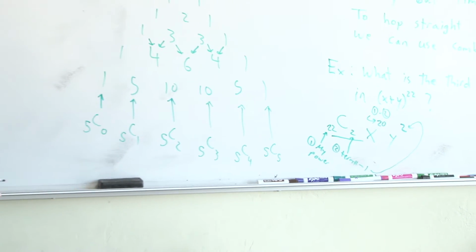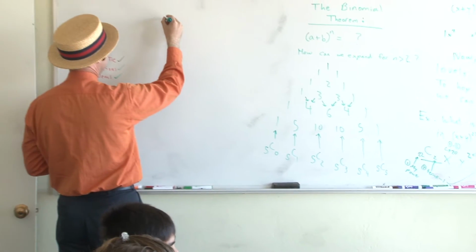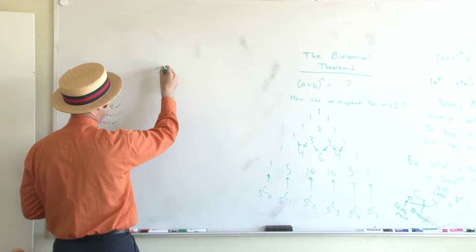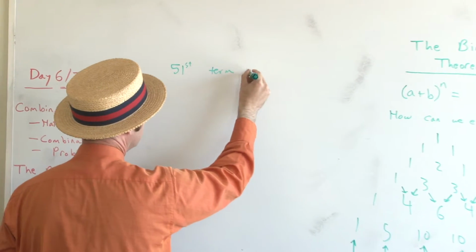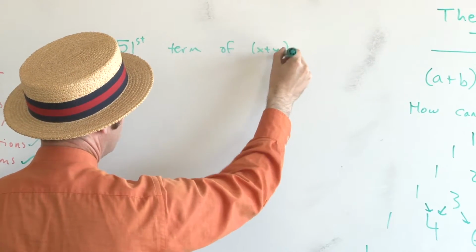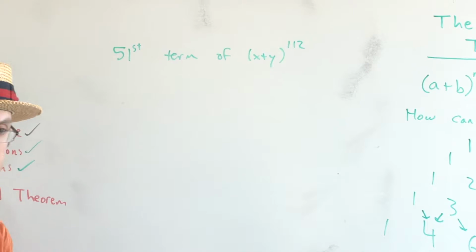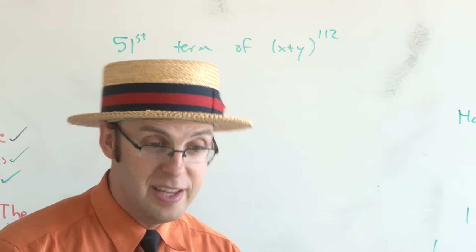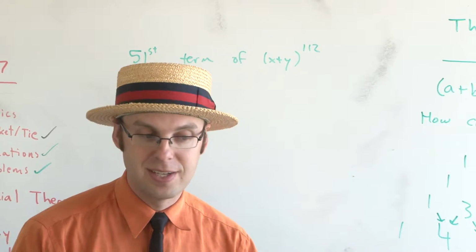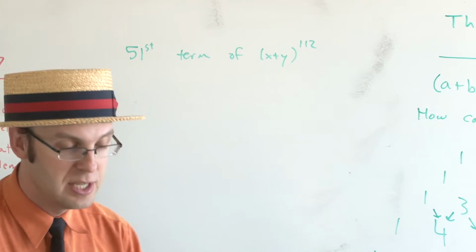So for example, if I wanted the, let's say, 51st term of x plus y to the 112, even that would be rather inconvenient on even an Nspire or a TI-89.